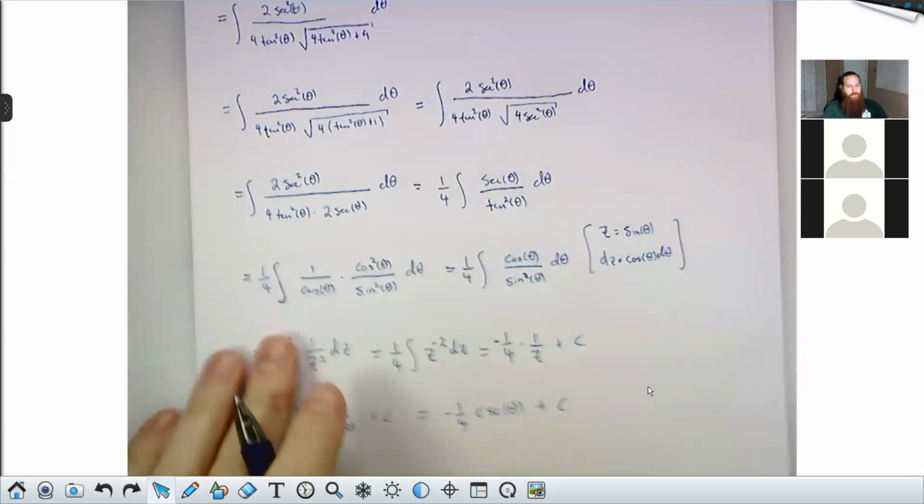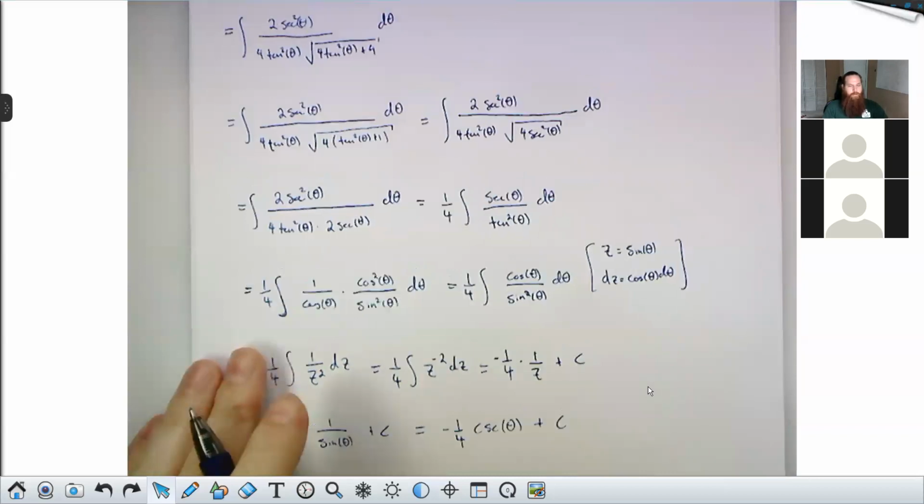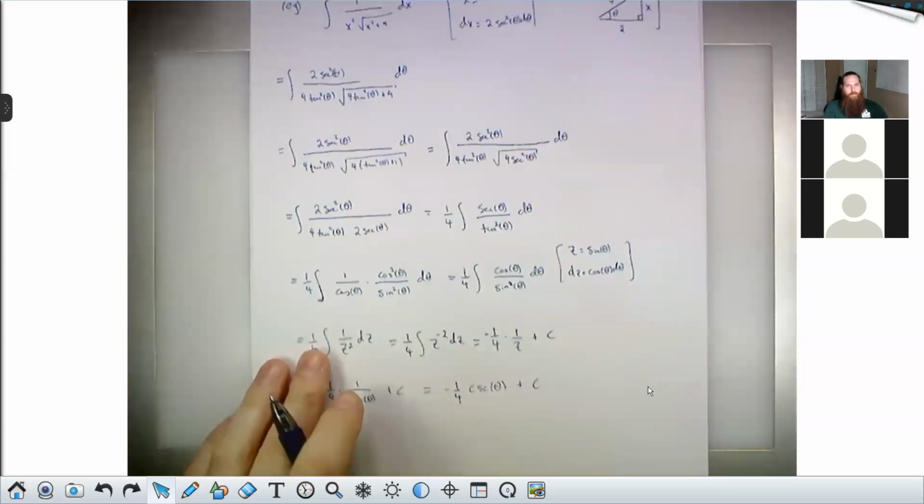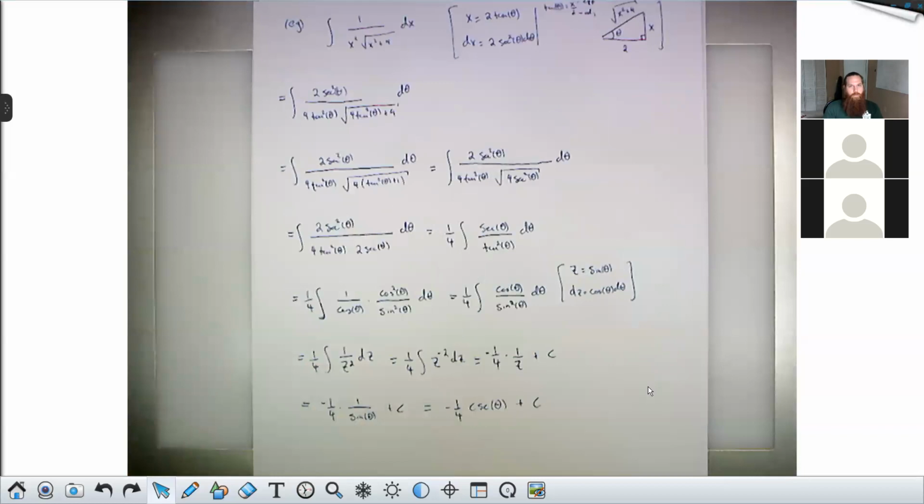And then before we can call it quits, I have to go all the way back to my variable x. So remember, we actually made 2 substitutions here. We did the trig sub and then the z sub. So before we can finish things, we need to use my triangle to figure out how to rewrite cosecant in terms of x. Cosecant is the reciprocal of sine. Sine is opposite over hypotenuse.